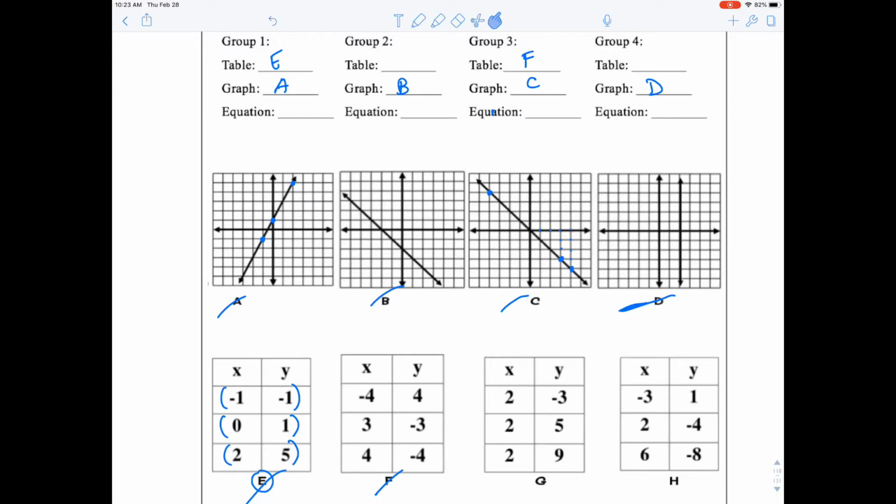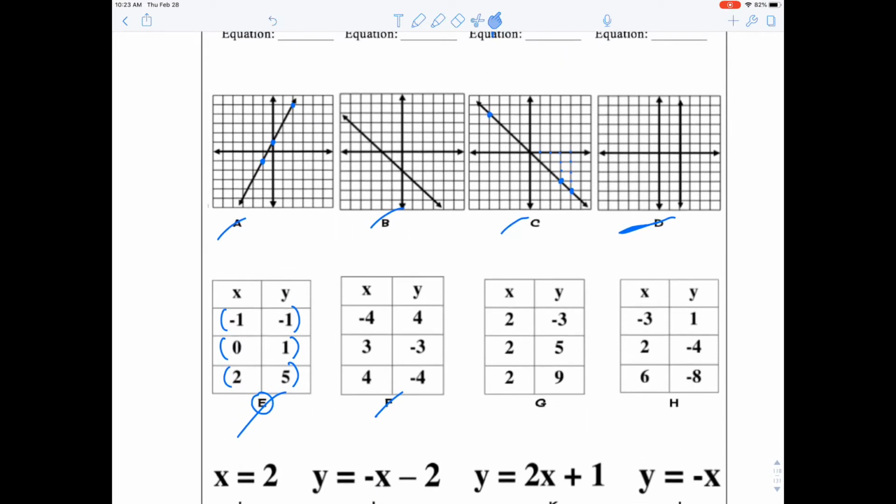All right, let's check table G. It says first point's 2, -3. So I'll check graph B. Actually, I'll erase those so that way I know which ones I haven't matched yet. Okay, so graph B, does it have 2, -3? So there's 1, 2, 1, 2, 3.